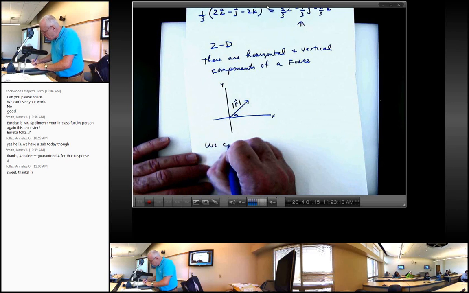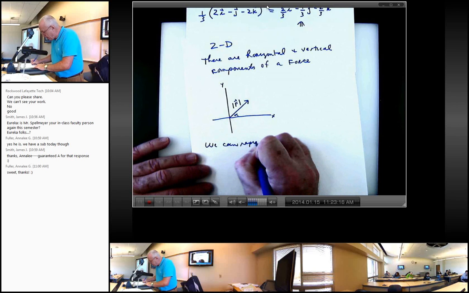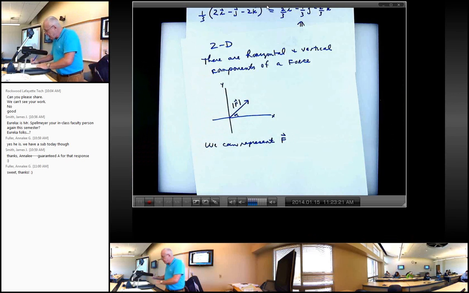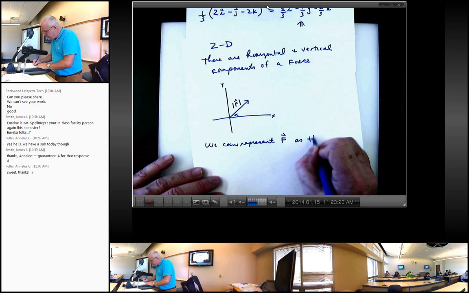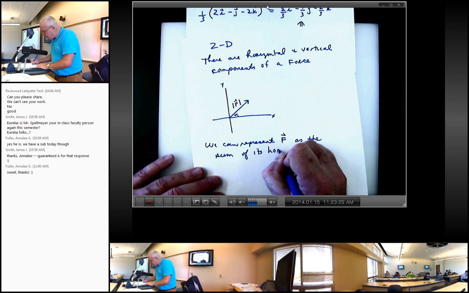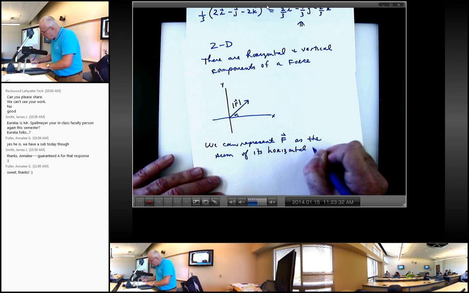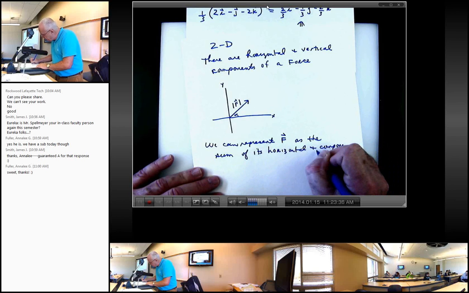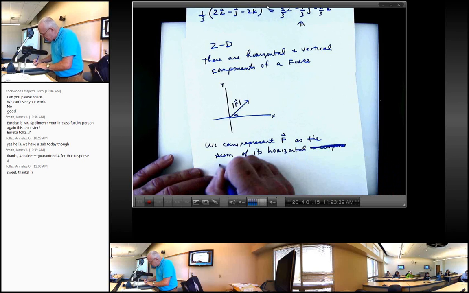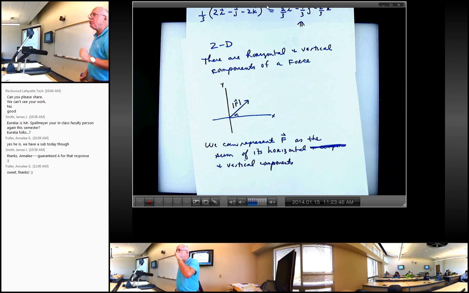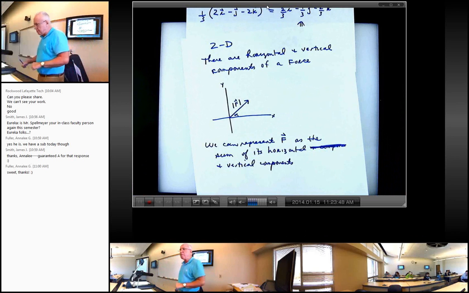We can then represent this force vector F as the sum of its horizontal and vertical components. And this is just using some trigonometry, our favorite topic.